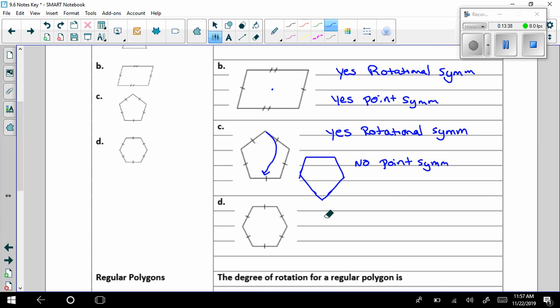And then this last one, again, yes, it has rotational symmetry. This one looks the same from all sides, so it clicks up, moves up, moves up, moves up. So at 180 degrees, it's going to look exactly the same. So it also has point symmetry.